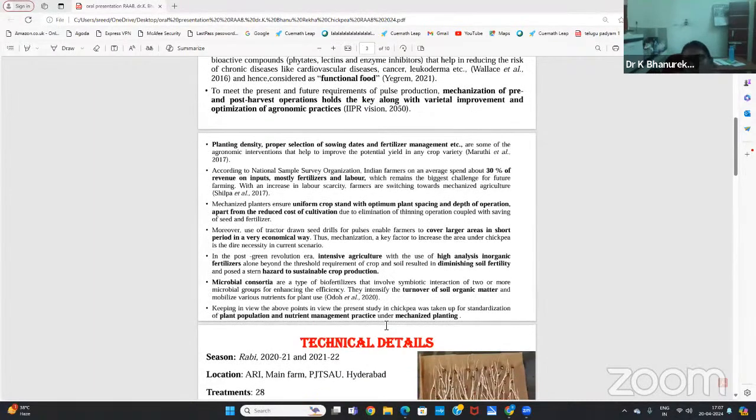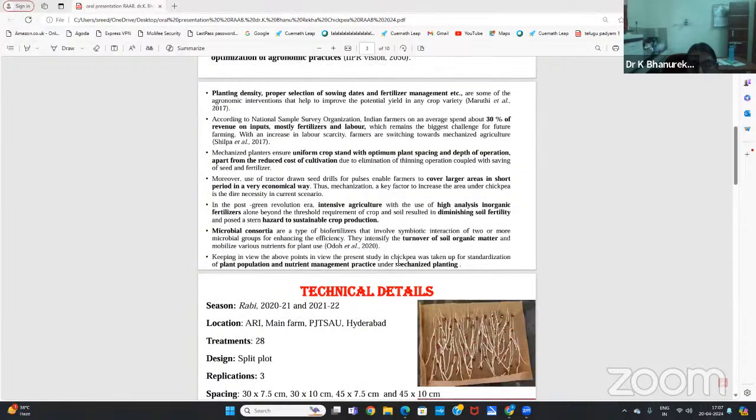We framed a study on chickpea with partial mechanization. Sowing was done with a machine, and some operations like weeding with a power weeder and harvesting with a reaper were also done, keeping these points in view as some of our objectives.